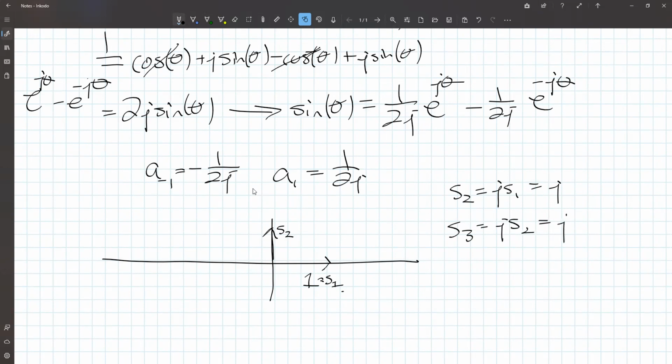That's equal to j squared, which is equal to -1. Here's s3. And just to finish it, we have j times s sub 3. Well, that's equal to -1 times j, which is equal to negative j. Here's s sub 4. So anytime I multiply a complex number by j, I have 90 degrees of rotation.